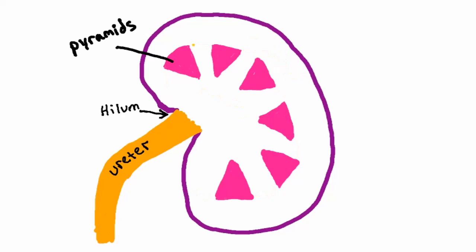Now, if you notice, in between the pyramids there are spaces, and the tissue from the cortex continues down in between these pyramids. This cortical tissue in between the pyramids is called columns.